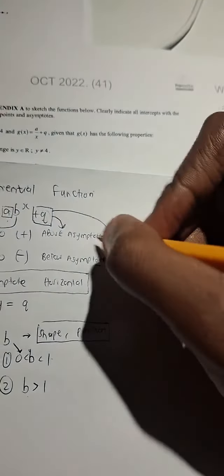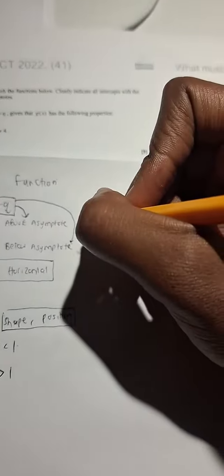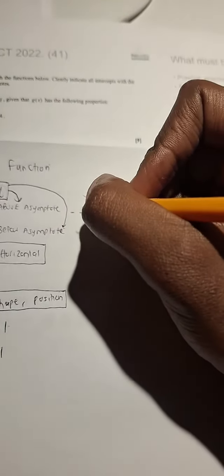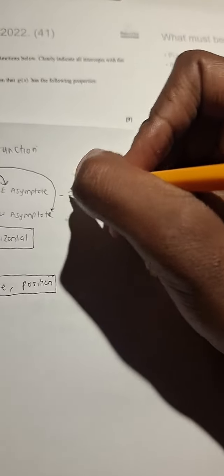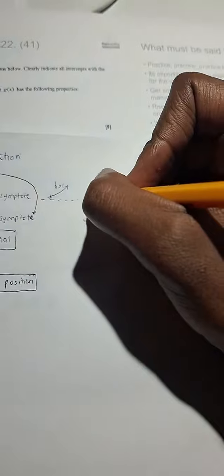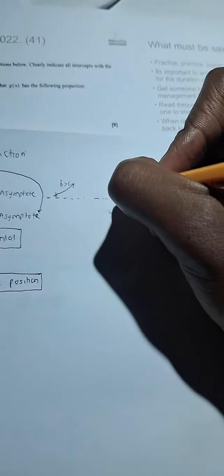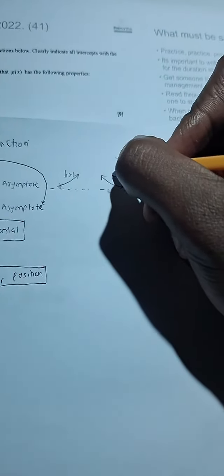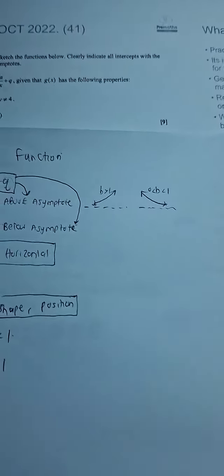If a is greater than 0, meaning this value is greater than 0, then if the asymptote is like that, you can either expect the function to be like that, given that b is greater than 1, or if it's above the asymptote, it can also be like that, given that b is between 0 and 1.